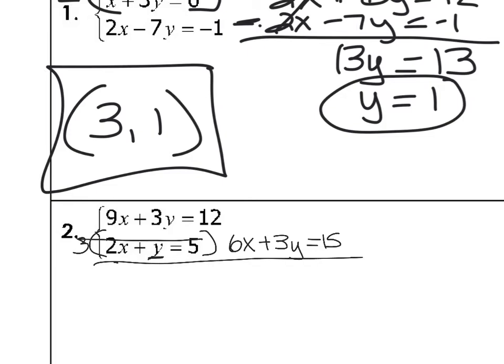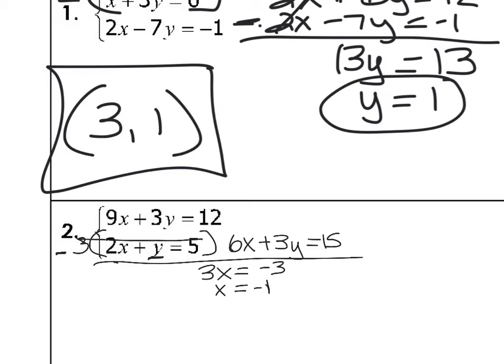So I got 3 y's, they match, so I can just subtract those. So 9x minus 6x is 3x, and 3y minus 3y is 0. Bring down your equal. 12 minus 15 is negative 3, so x equals negative 1.